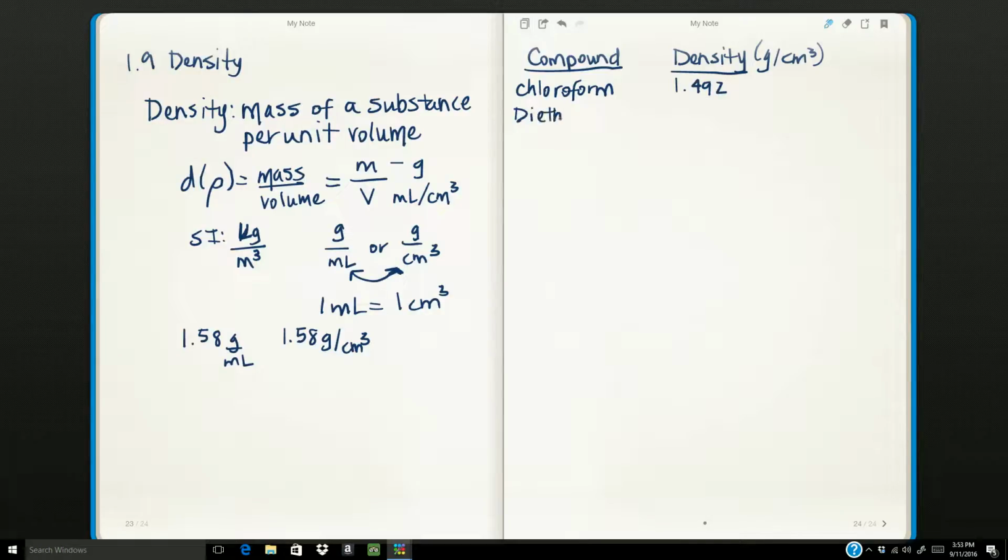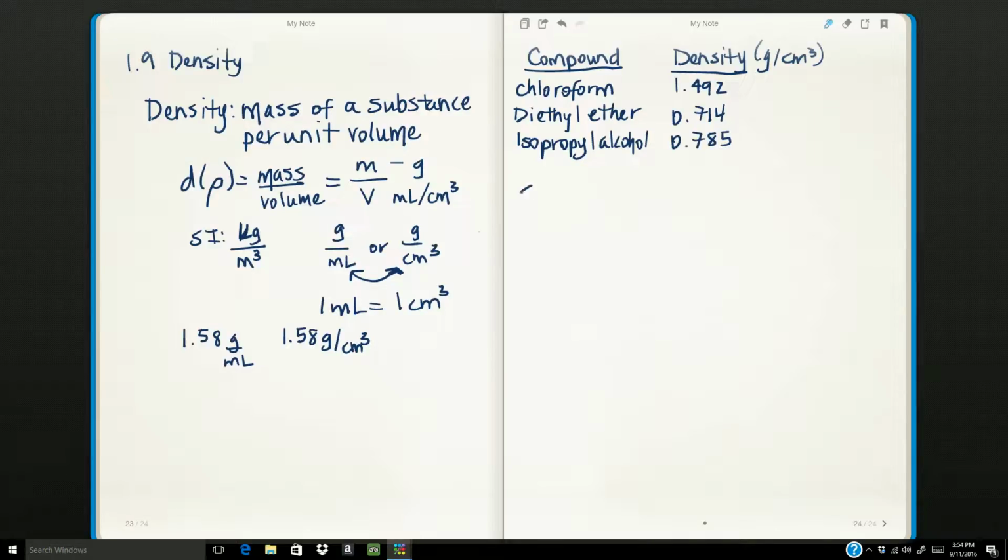Diethyl ether has a density of 0.714 grams per centimeter cubed. And the last one is isopropyl alcohol, and its density is 0.785 grams per centimeter cubed.